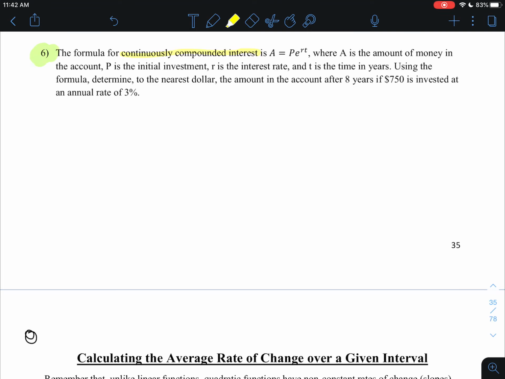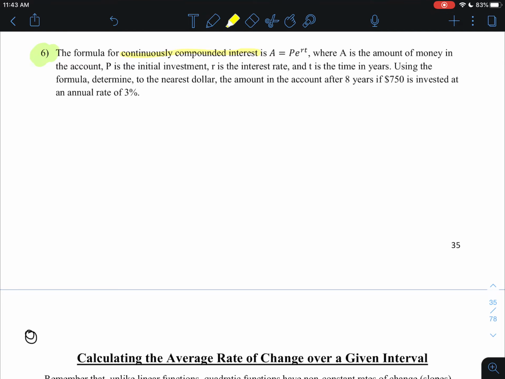So, if you think about our previous example, when it's compounded annually, you earn interest once a year based off of the money that's in your account. When it's compounded monthly, you earn money based off of what's in your account every month. When it's compounded continuously, you keep earning interest constantly, continuously throughout every single year. You're earning money based off of what's in your account.